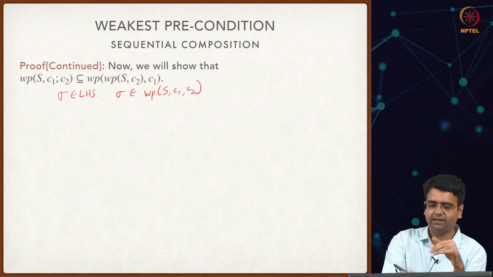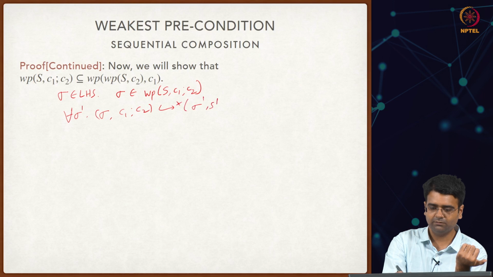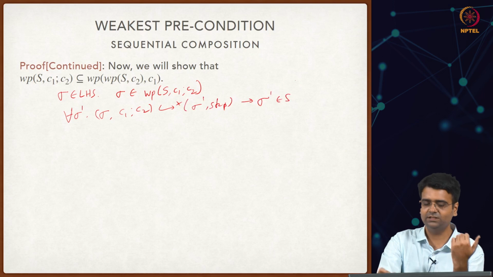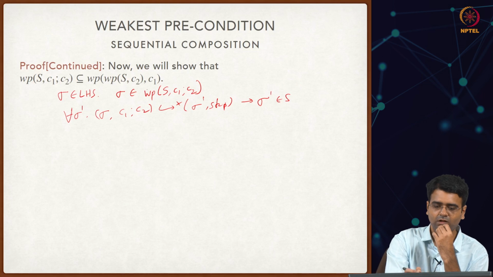As usual, let us first expand the definition of WP. Since sigma is in WP(S, C1;C2), this means that for all sigma prime, if on executing C1 semicolon C2 on sigma I reach sigma prime, then this sigma prime must belong to S. This is just from the definition of weakest precondition.